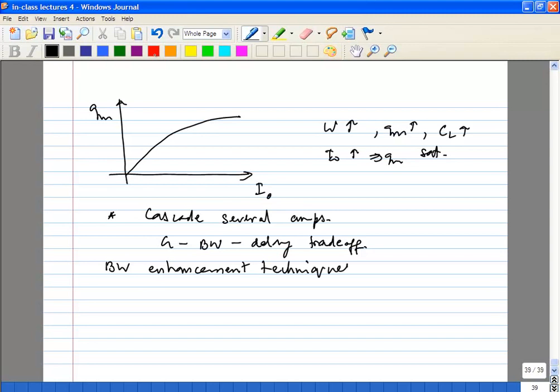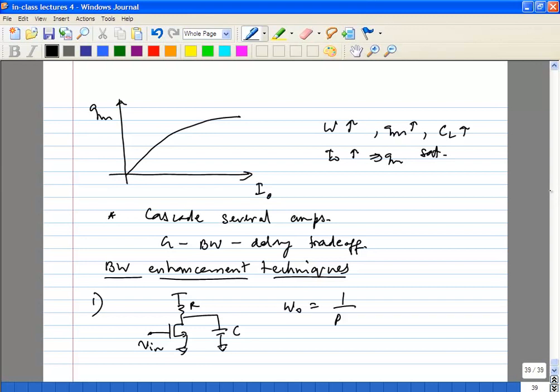So let's look at some bandwidth enhancement techniques. The simplest one is, let's say the original amplifier is this. You have some load resistance R and some load capacitance C. Your initial omega naught is 1 over RC. Now you want to extend this bandwidth.